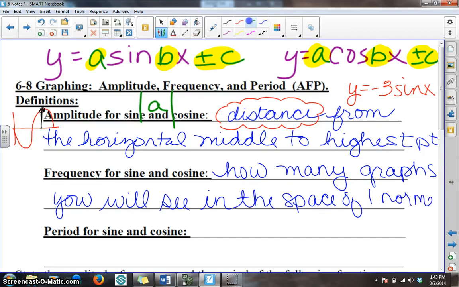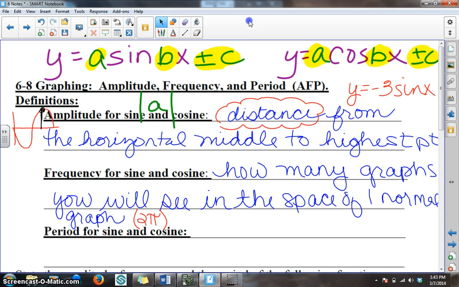And does anybody remember from last class what is the space of one normal sine or cosine graph? When do they usually end? 12 pi over 6, which is the equivalent of 2 pi. So a normal cycle would be 2 pi, and that's going to be relevant to us in just a minute.